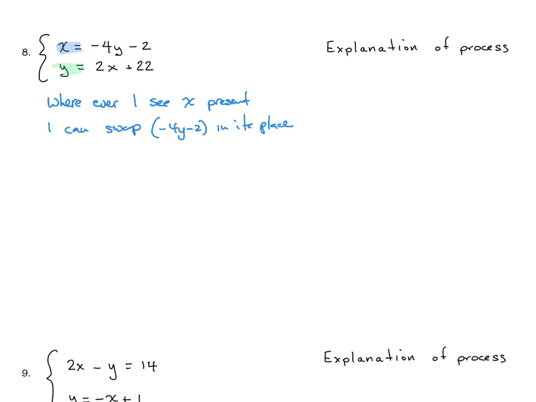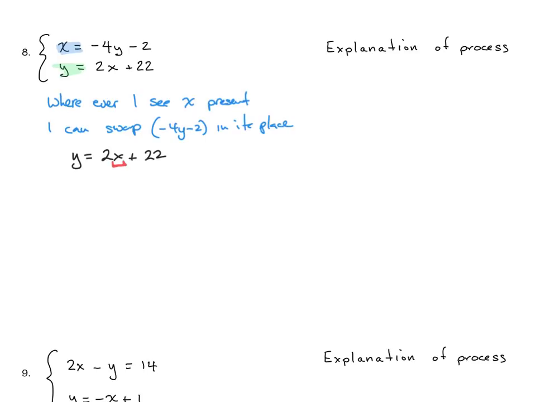Okay, so I write that second equation, and that second equation says y equals 2x plus 22. So what I'm now doing is I'm looking for the x. So here's my x. And I'm going to swap that x out, and in its place put that negative 4y minus 2.